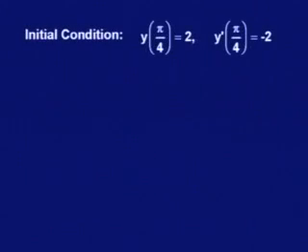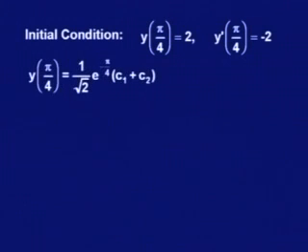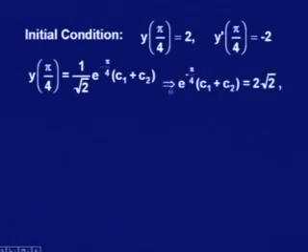Now, put this in the given initial conditions. We are given that y at pi by 4 is 2 and y dash at pi by 4 is minus 2. So, substitute in those: 1 by root 2 e to the power minus pi by 4 times c1 plus c2 is equal to 2, that is, e to the power minus pi by 4 times c1 plus c2 is 2 times square root 2.